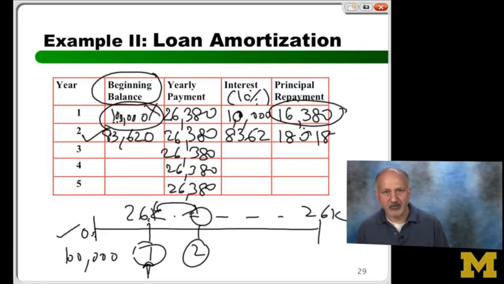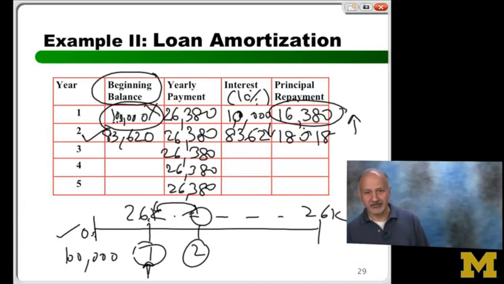And so how do I know that? I know that 18 plus 8 has to add up to 26, because 26 is what I paid again at the end of year 2. So at the end of year 2, what is happening? My interest is going down, but my repayment is going up. And this is needed for you to repay the loan, right?